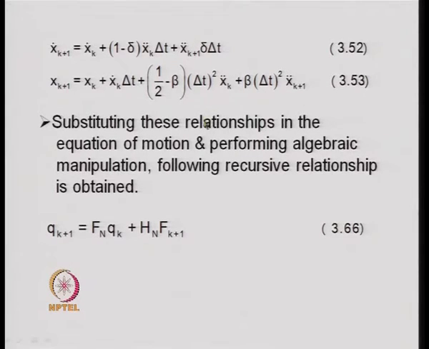Similarly, if we consider beta to be equal to 1/4, then this turns out to be half of the average acceleration into delta t square.